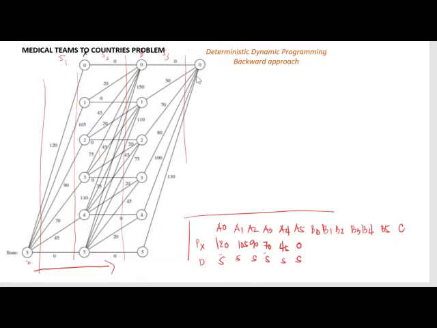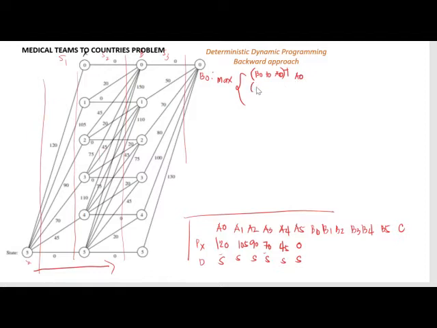Next, let's identify the maximum for B0. Since the problem specifically stated that this is a maximization, we would be finding the maximum value out of the connections in our B0. The first connection is B0 to A0, plus A0.